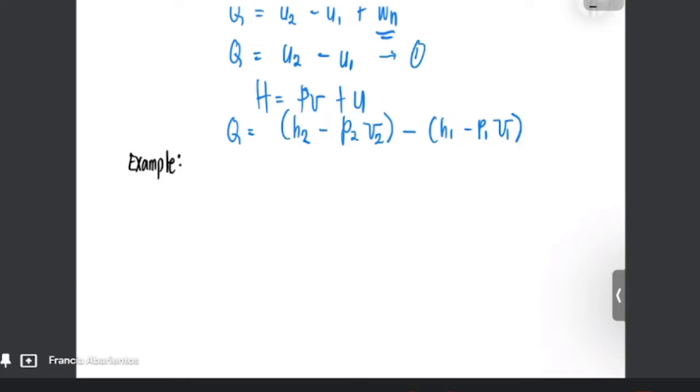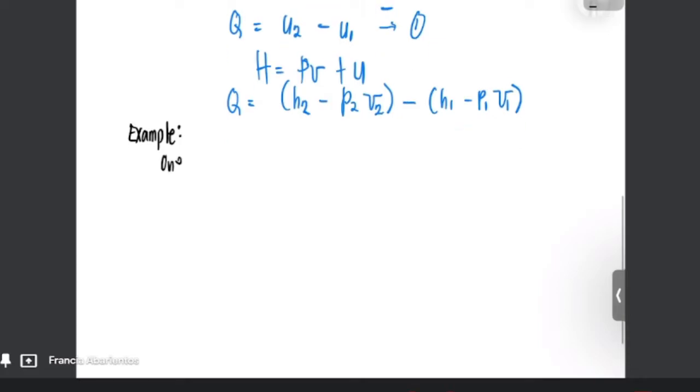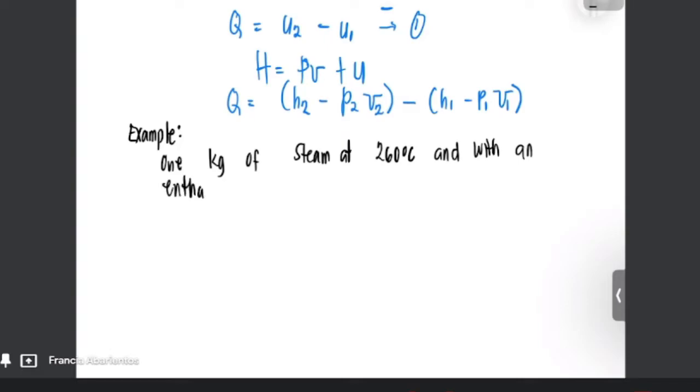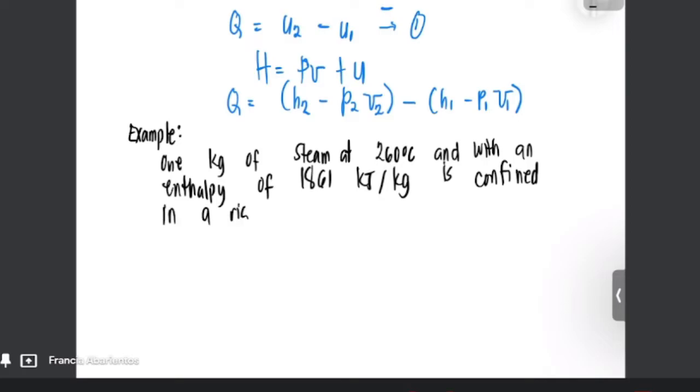Okay, from the example, so 1 kilogram of steam, 260 degree, with an enthalpy of 1861 kilojoule per kilogram is confined in a rigid tank. Rigid tank or irrigid?